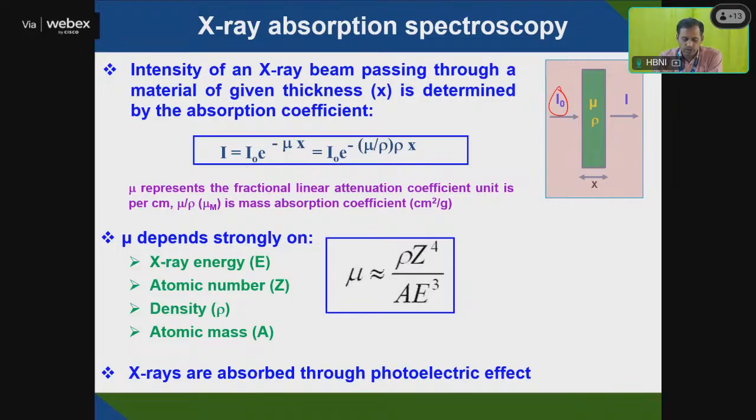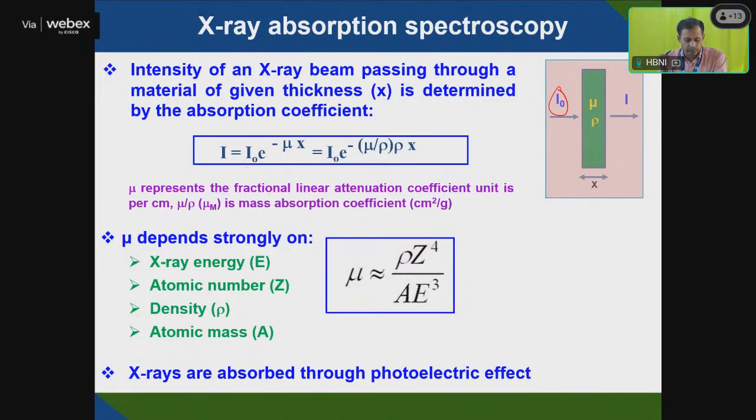Mu is the attenuation coefficient that you discussed in the beginning, and this mu depends on the X-ray energy. That means how much energy will be absorbed, and how much will be transmitted through this sample depends upon the attenuation coefficient. So that mu mainly varies with respect to X-ray energy.